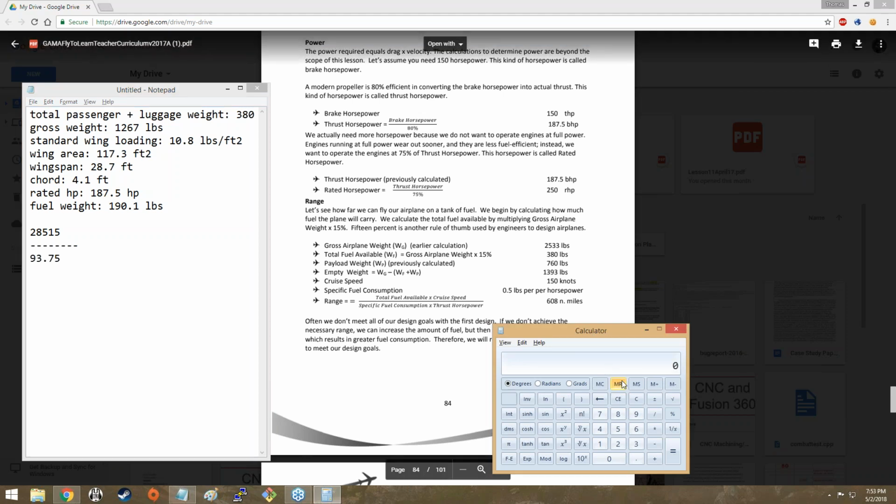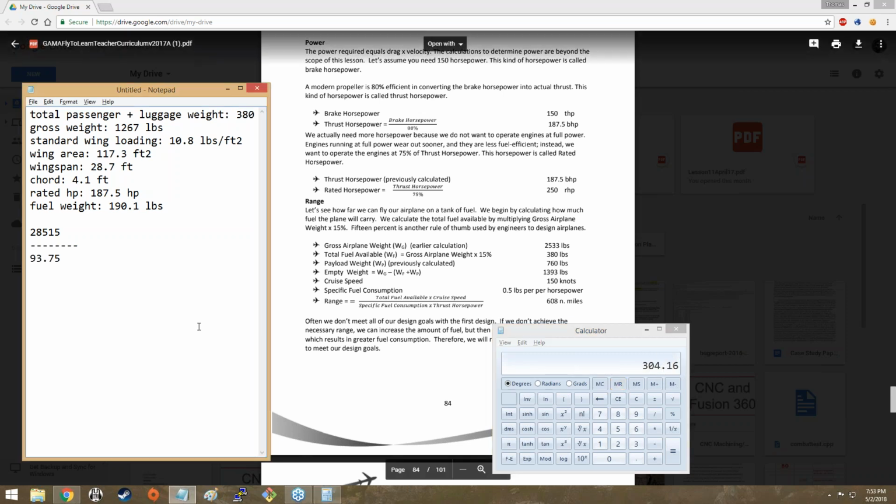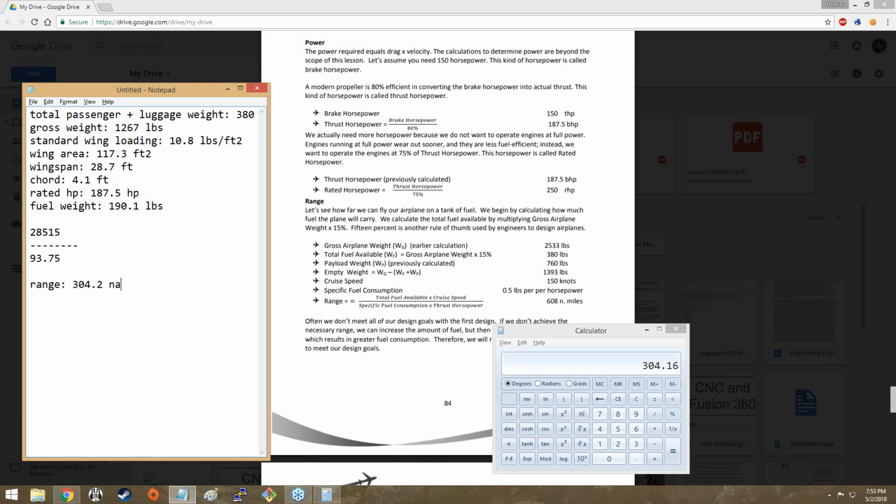So now let's take 28515 and divide it by 93.75. We have a range of 304.2 nautical miles.